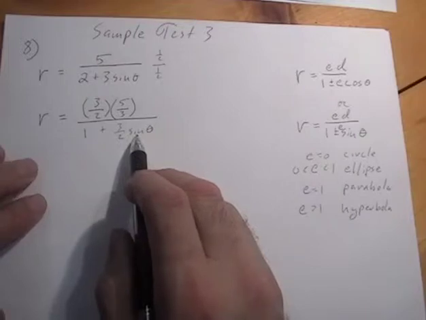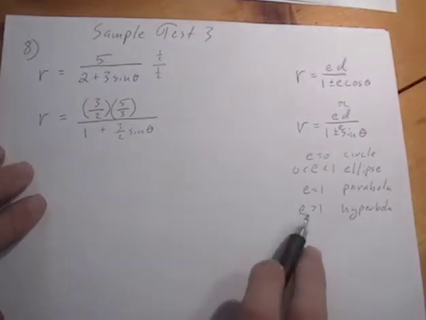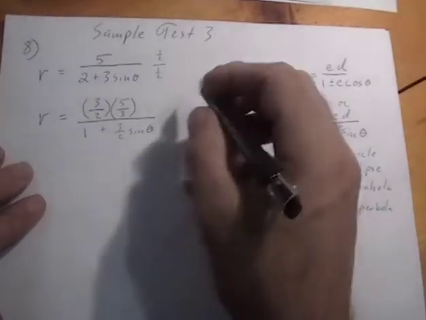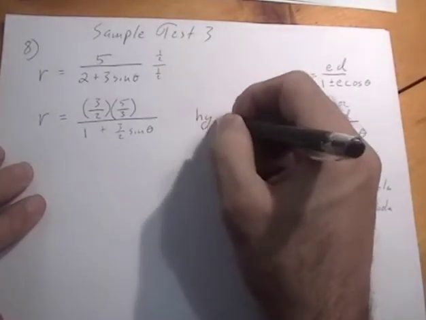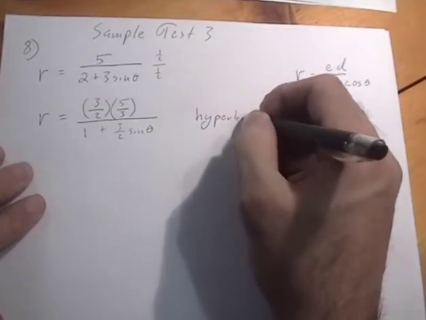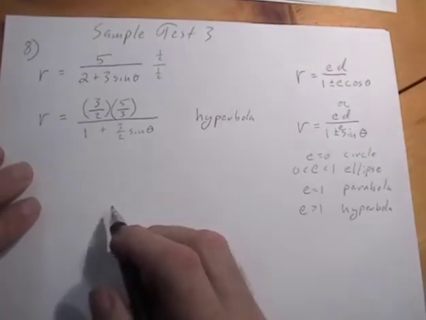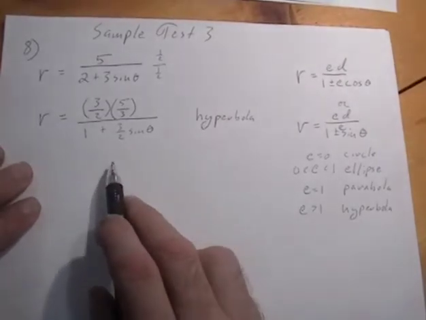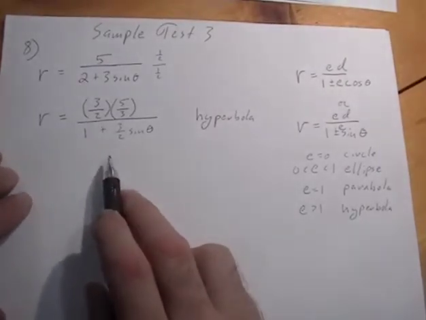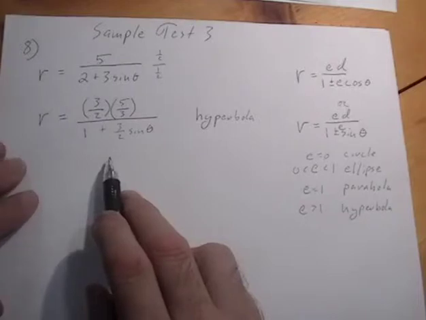Next, I need to identify the type of graph. Since E is greater than 1, this is going to be a hyperbola. I also ask you to identify the center and vertex.